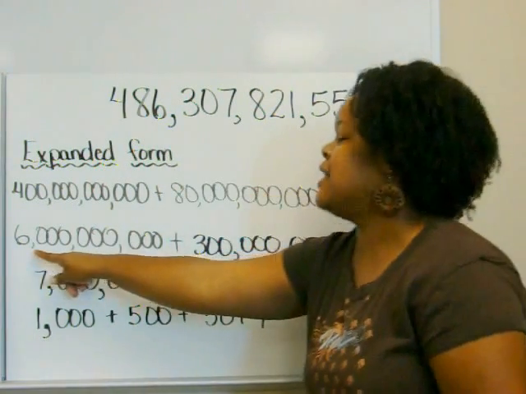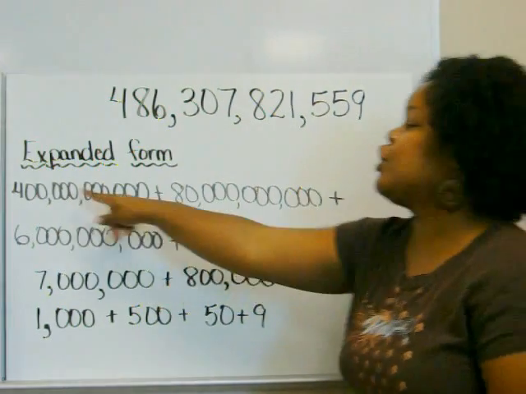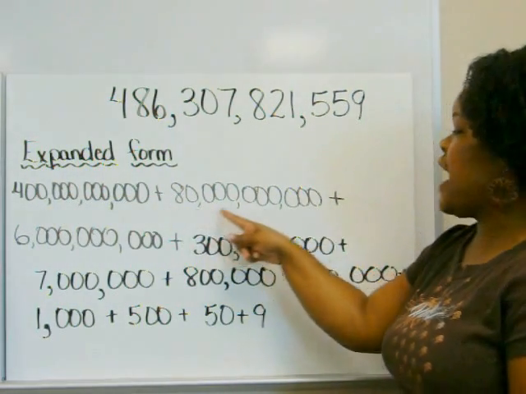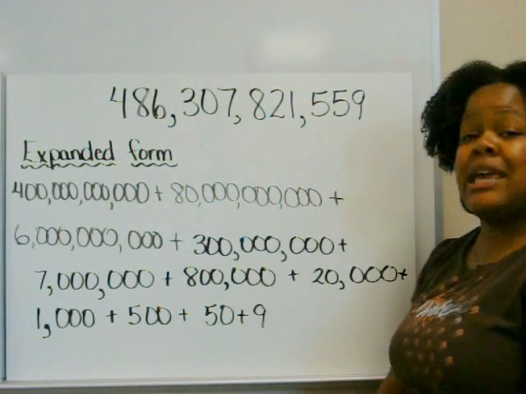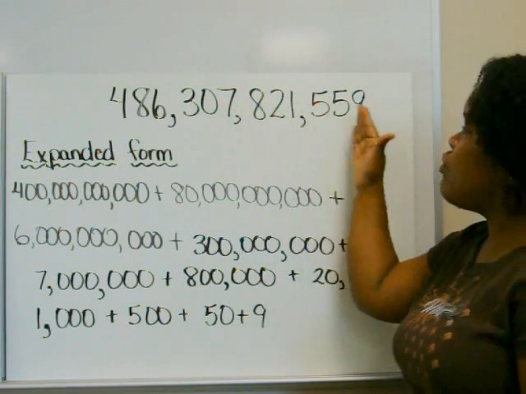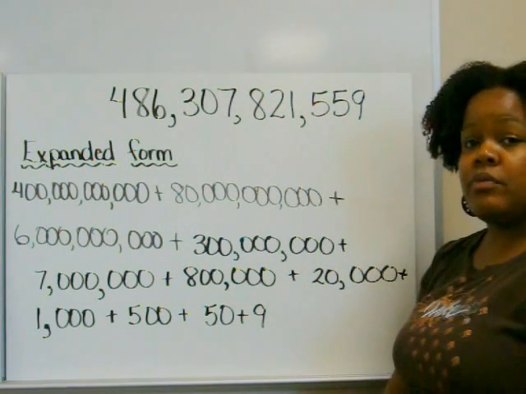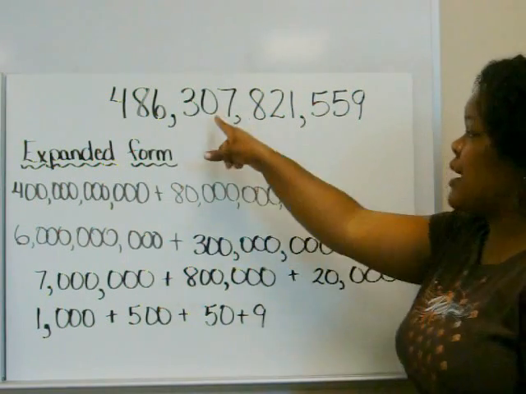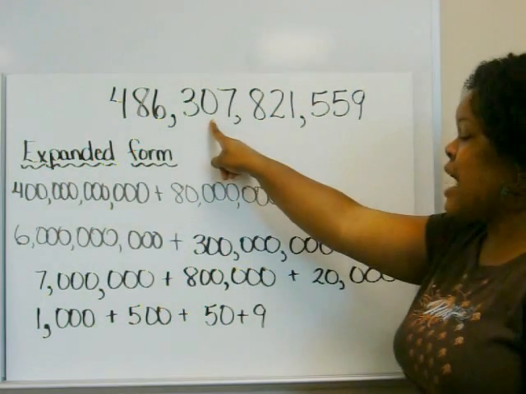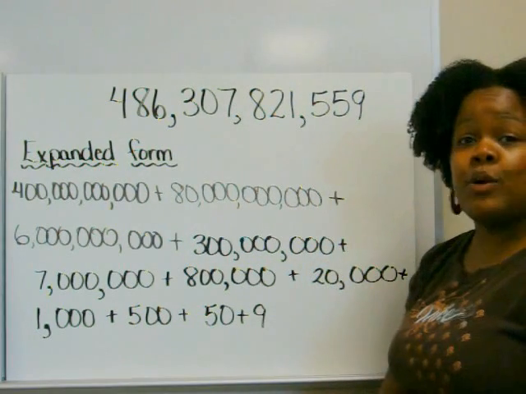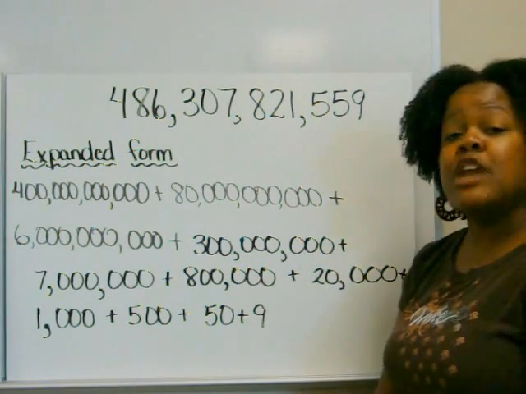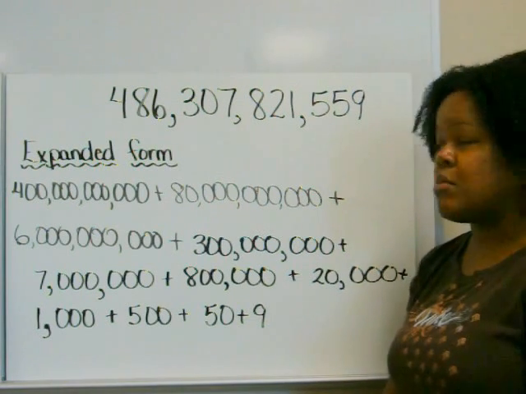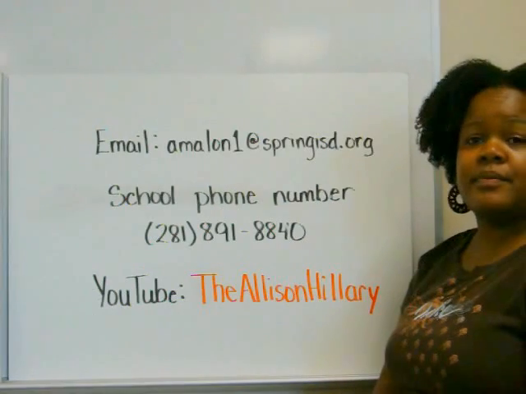So you're going to add 6 billion to your 400 billion and your 80 billion. You will keep going through each digit representing its place value. If you notice, when I got to the 0, I did not include it because 0 does not have a value. You do not have to add 0 to this number to get the same number.